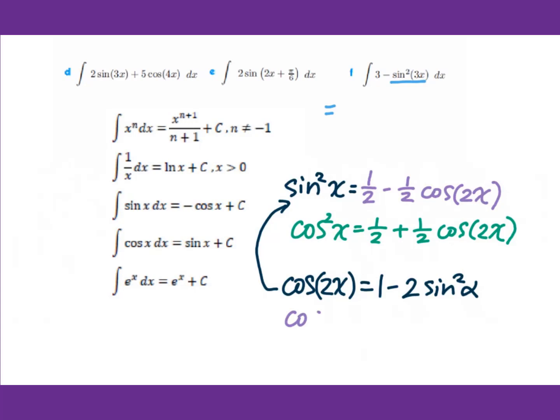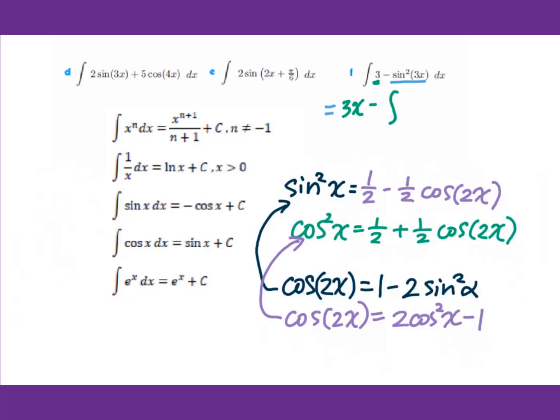And cosine 2x equals 2 cosine square x minus 1. So you will get this. Therefore, for this 3, you will get 3x minus the integral.